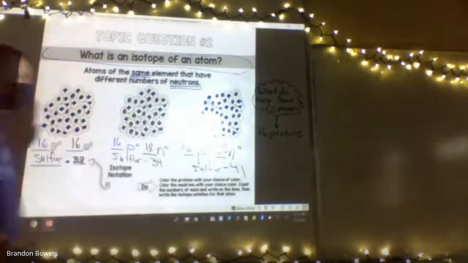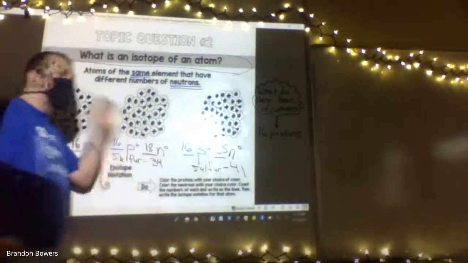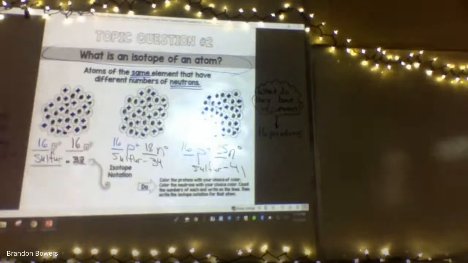Maybe 41? So that is an isotope. Isotopes are the same element. They're all the same element. Sulfur, sulfur, sulfur. However, different number of neutrons. That's what it is.